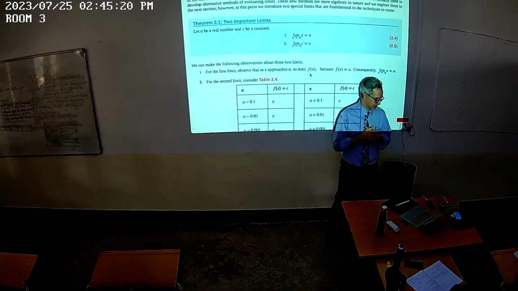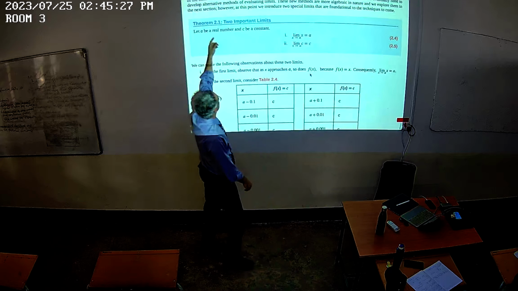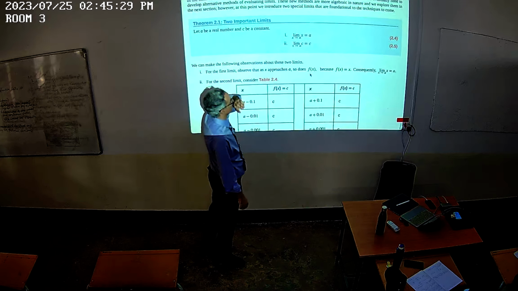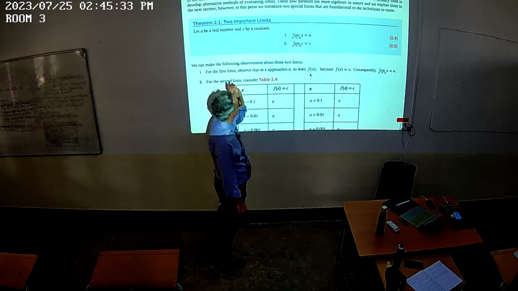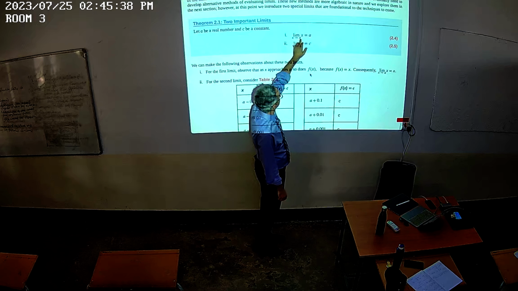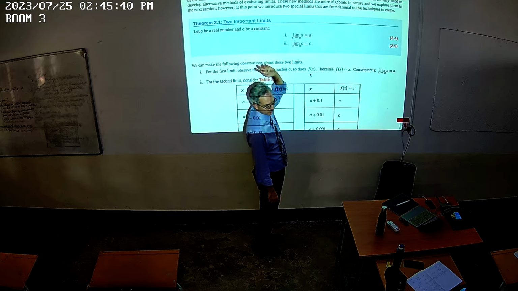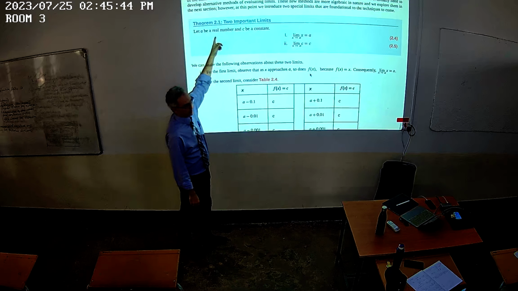The first two laws are very straightforward. The first law says, if a is a real number and c is a constant. You know what that means? The limit of x as x approaches a, where a is a real number.